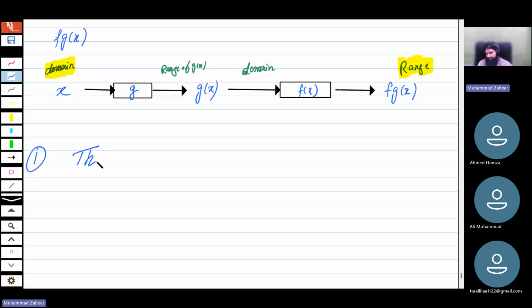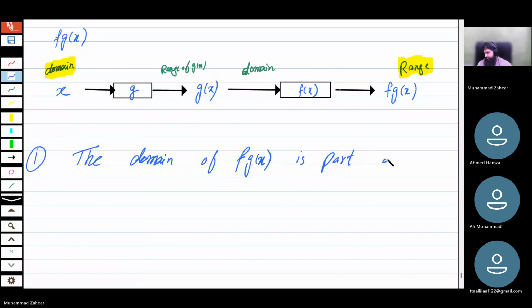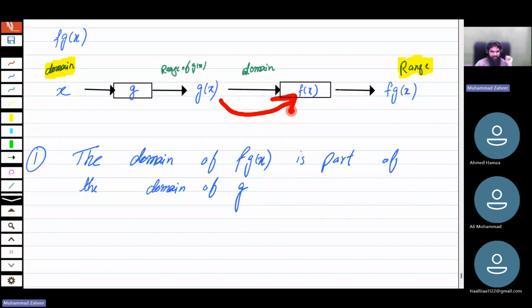The domain of f of g of x is part of the domain of g, because sometimes the range that you get as g of x has some restriction in f of x, meaning there is an output, and maybe that output is not suitable for f of x, so you have to change the domain.